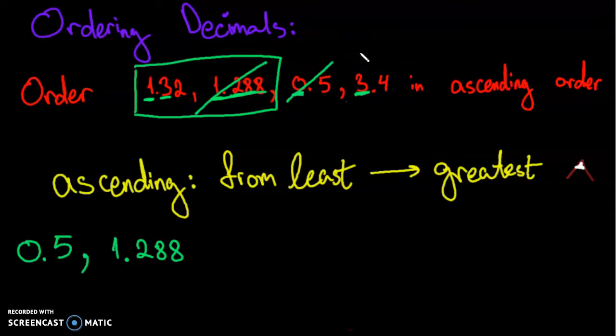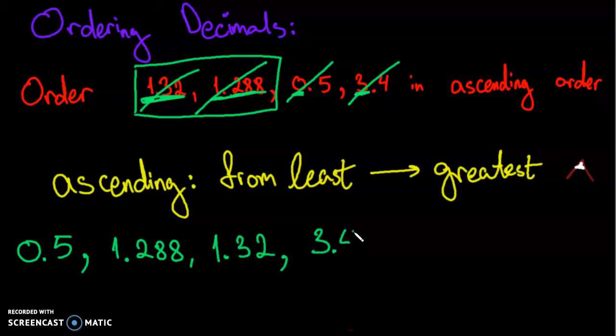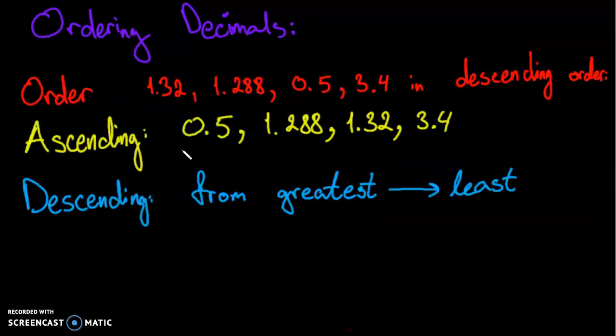We already said that 3 is bigger than 1, so this number is smaller. We put it here, 1.32. And the last number is this, 3.4. So we wrote down the ascending order.